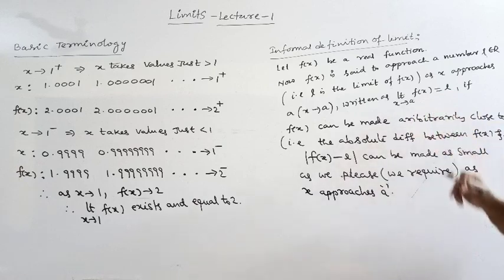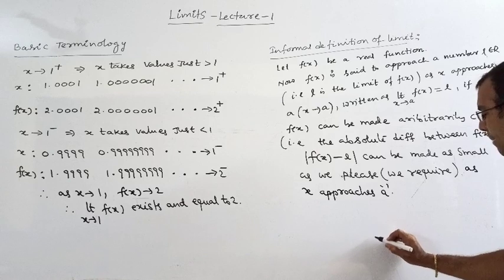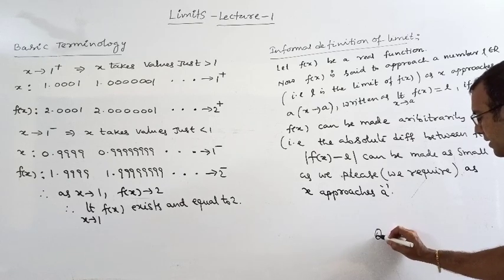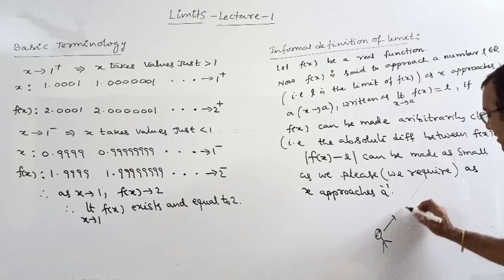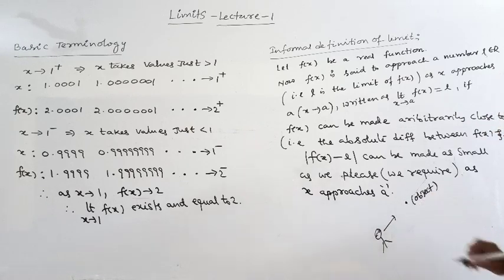In the beginning I told you that a person is approaching an object. This is an object. He is moving towards this object with some restrictions.